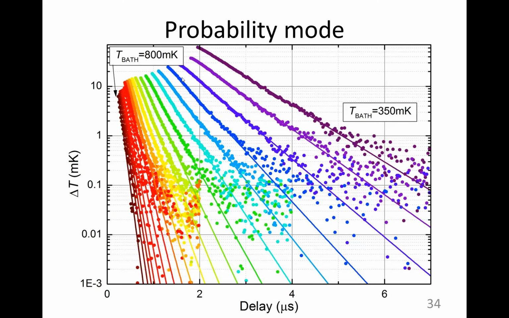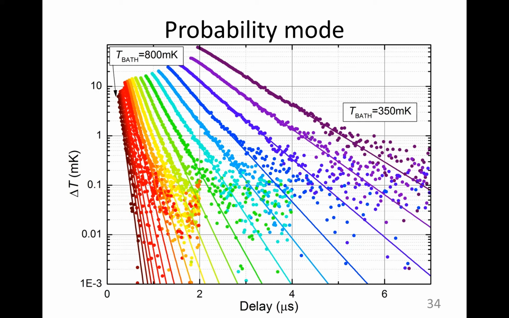As I said at the beginning, introducing probability mode, it's much more sensitive to the temperature. So the dynamic temperature range that we are able to measure is much smaller, but nevertheless we see here that our relaxations are indeed slow for the low temperature and fast for the high temperature.